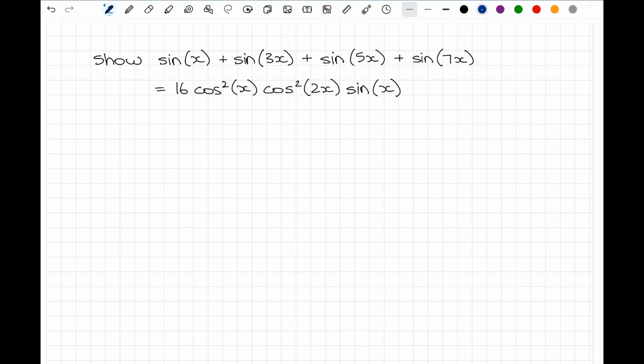A common theme with trig identity proofs like this one is it can be very difficult to know where to begin. There's so many options, so many identities provided on your reference sheet, and it can be quite difficult to know which technique and which approach is going to lead me somewhere useful and which is just going to lead me down a totally unhelpful rabbit hole.